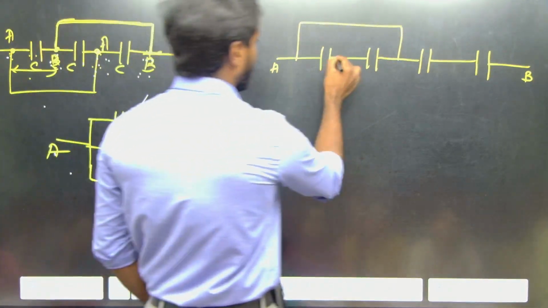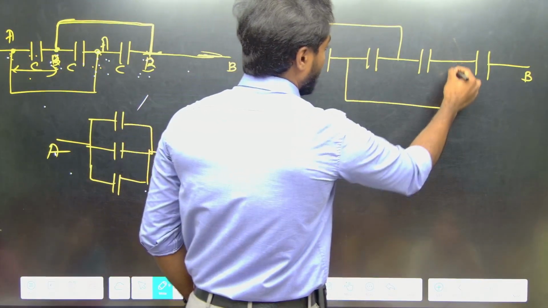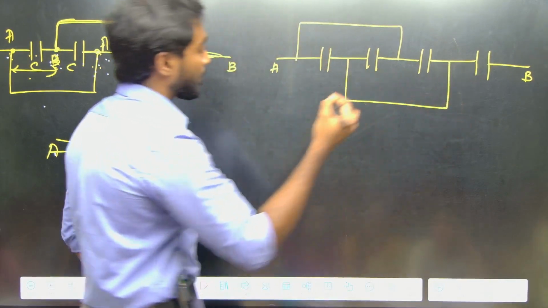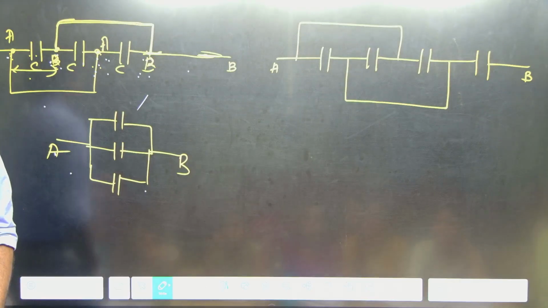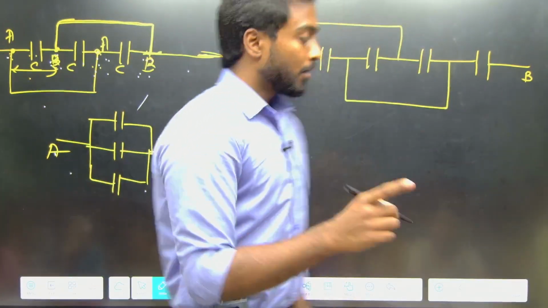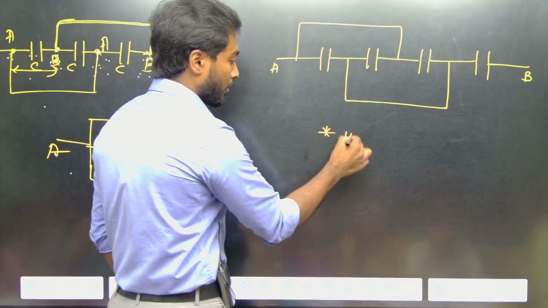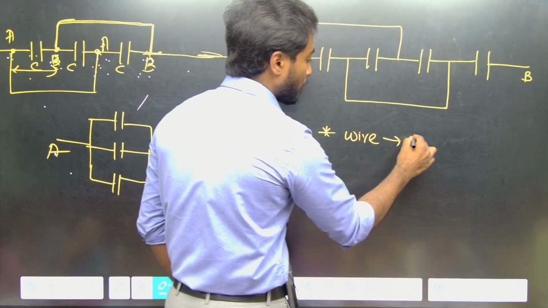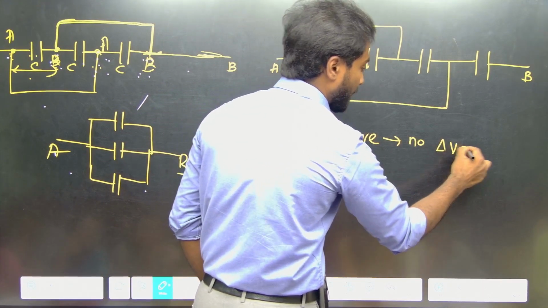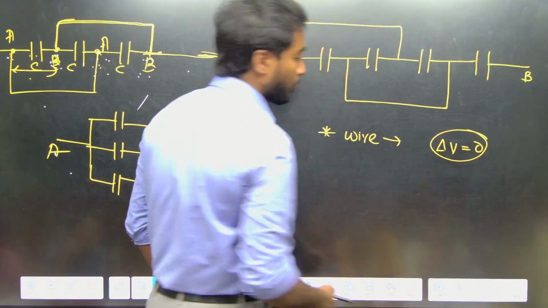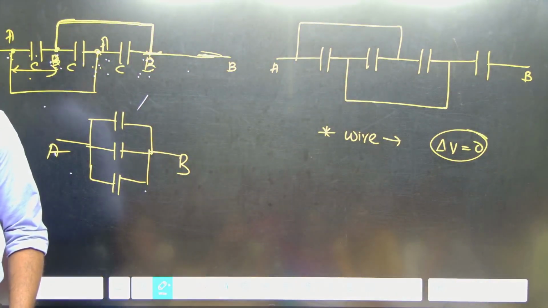In between the first and second, we have taken a wire and connected it between the third and fourth. If a wire is there, potential difference will not be there. Write the point: wire, no potential difference, potential difference will be 0.